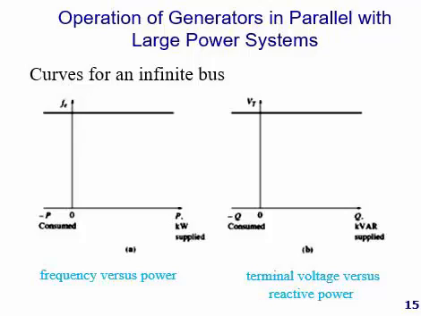We have seen that if a generator is connected with a large power system, then the resulting frequency and terminal voltage would be the same throughout, or almost constant, because the system connected with the generator is very large.